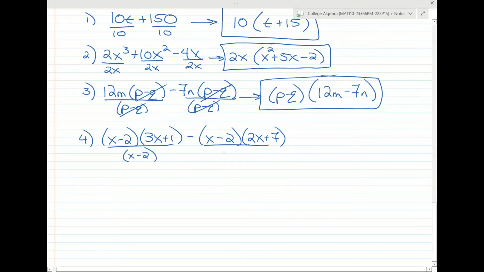So the rule is we divide everything by the GCF. And what we're left with is the GCF, and then we have 3x plus 1 minus this whole thing.